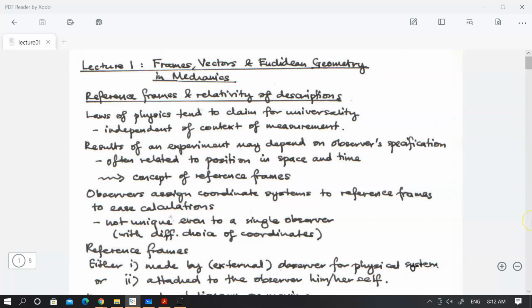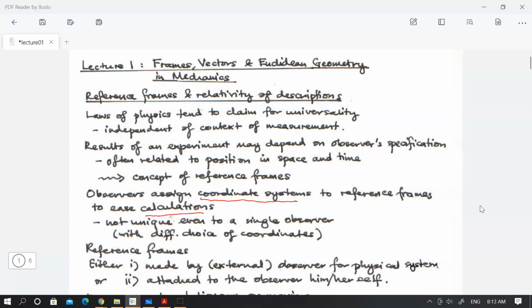So with respect to the reference frames themselves, we often build up what we call coordinate systems. This is the coordinate systems that we often use. Once you use a coordinate system, then you can actually locate a particular position. Besides that, once you are able to locate the position in space and time, one can do calculations with those.